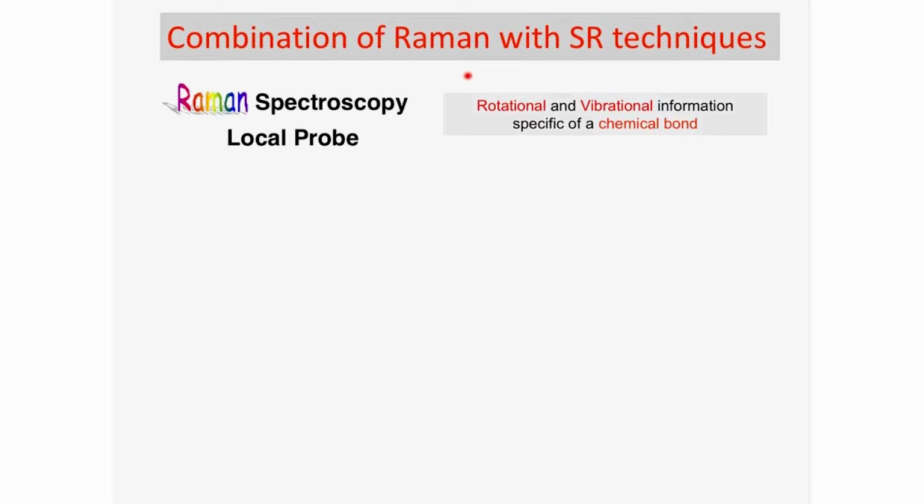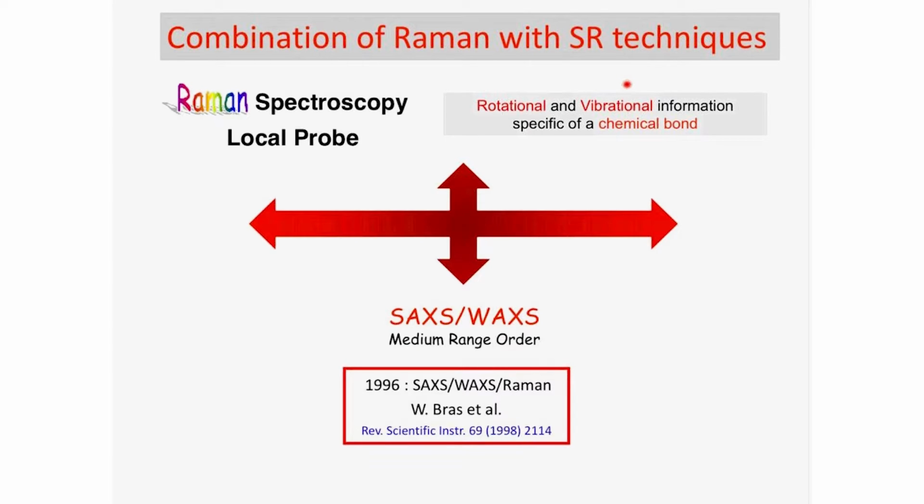And the combination of Raman spectroscopy with a synchrotron radiation technique is not really new, because if you look at the research done by colleagues in the past, the first researcher who combined synchrotron radiation techniques like small angle X-ray scattering or wide angle X-ray scattering with Raman was Wim Bras, more or less 20 years ago, for the study of polymers.